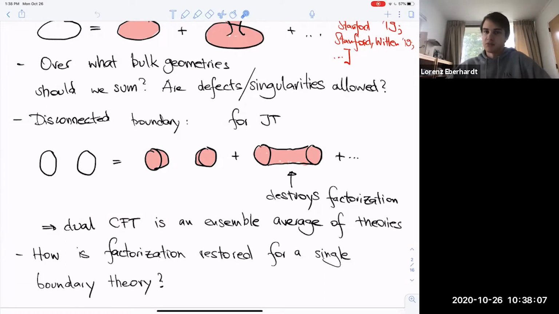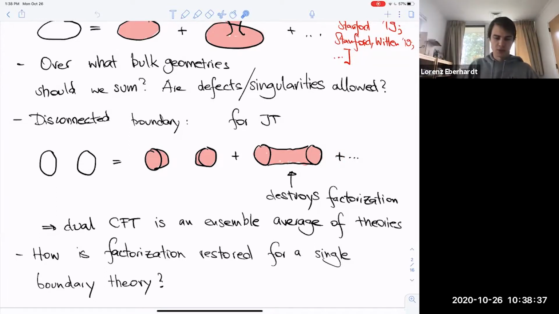And the situation becomes even more interesting if you consider the case of a disconnected boundary. For instance, again for JT gravity, you could compute holographically the partition function on a disconnected product of two circles. And again, you fill in the circles in all kinds of ways. For instance, you can have two disks that just fill in the two circles, but you also could have the cylinder topology that connects the two circles.